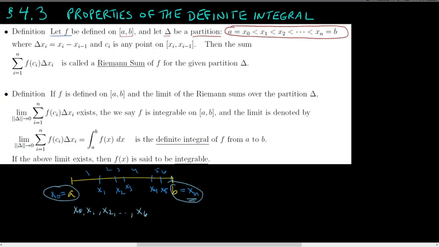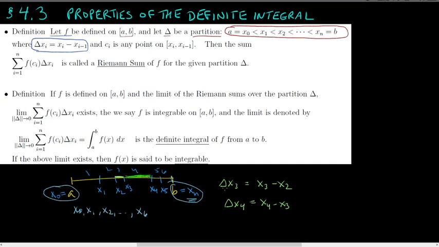Okay. And now your delta xi, because they will all be different, will just be the difference between the two x's, right? So for example, what would delta x3 be? Well, it would be x3 minus x2, which would be this tiny interval in here. On the other hand, what would delta x4 be? It would be x4 minus x3, which would be this much longer interval, right?